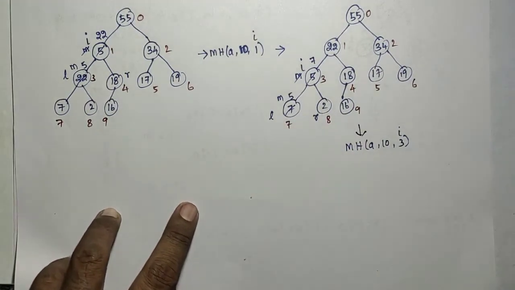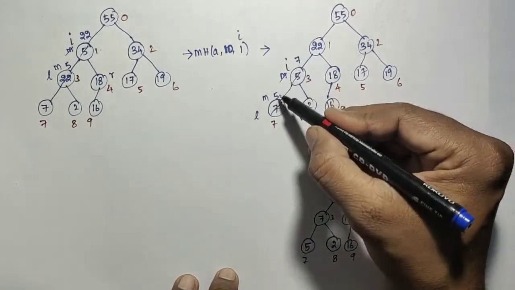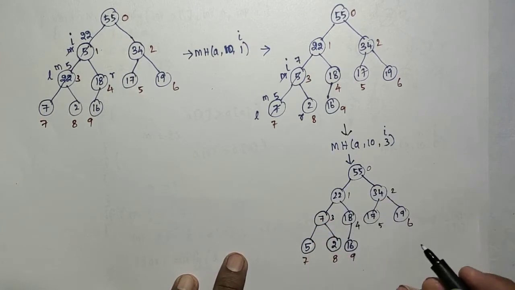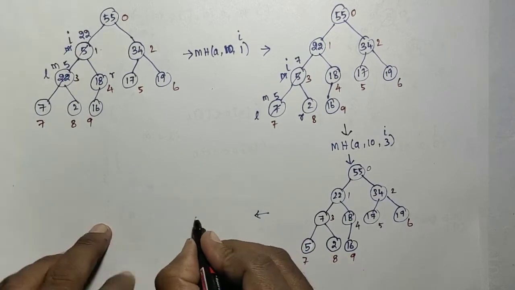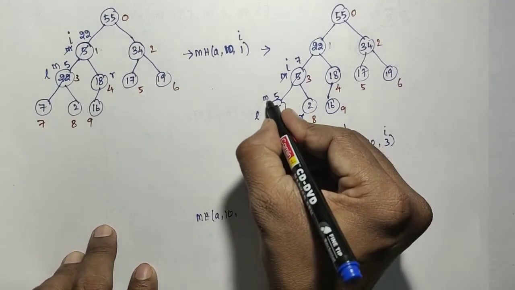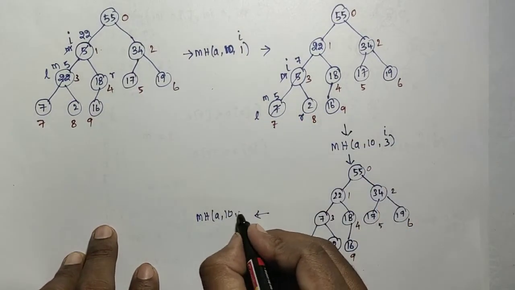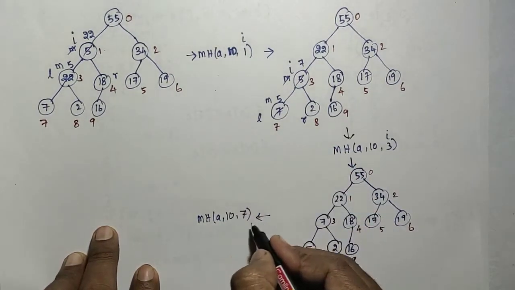So after swapping 5 and 7, this is the content, 7 and 5. Next it will recursively call max_heapify of a comma 10 comma, now the M value is 5 and the index is 7, so it will call with 7.